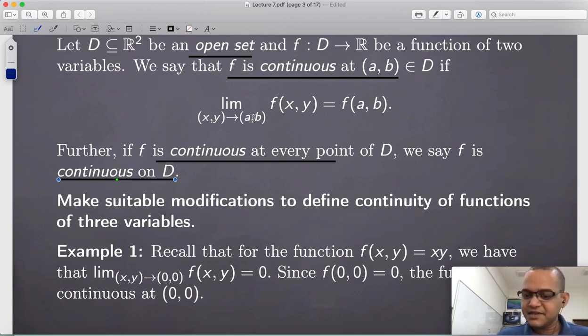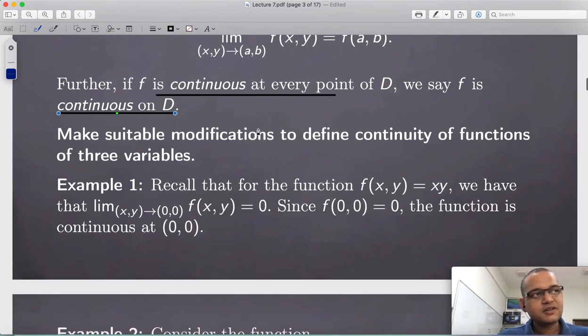On the real line, a point was approached from only two possible directions, either from the right or from the left. But now we have moved to R2, so a point has neighbors inside the disk, and you have to consider all possible directions when you approach it.